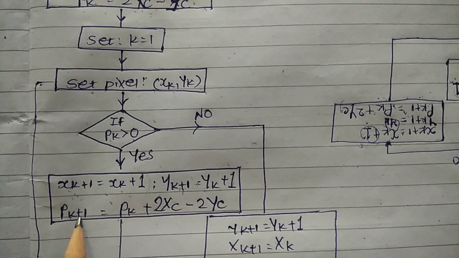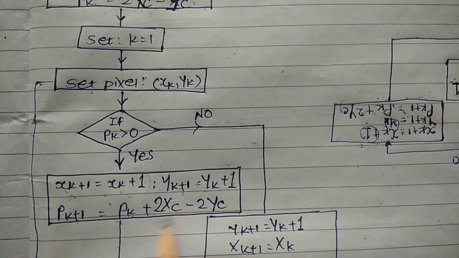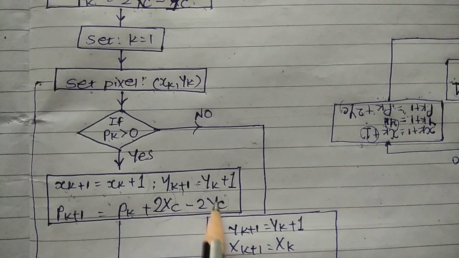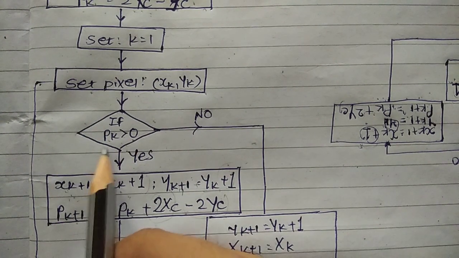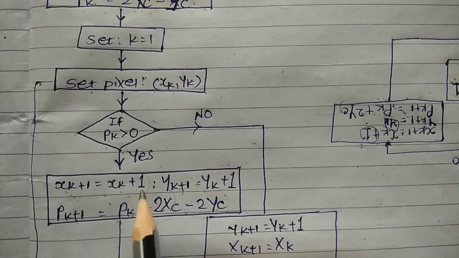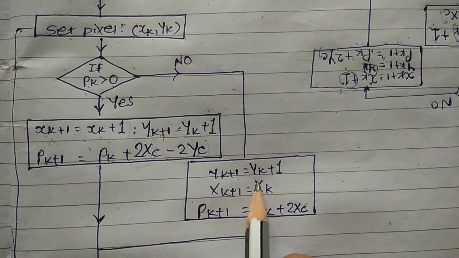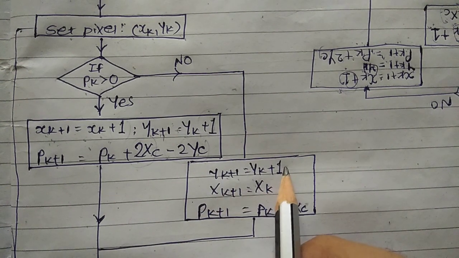What is the value of pk plus 1? It is pk plus 2xc minus 2yc. Here we need to subtract 2yc from pk plus 2xc. If this condition is false, we have pk in negative form. So we need to calculate yk plus 1 only: yk plus 1 equals yk plus 1.